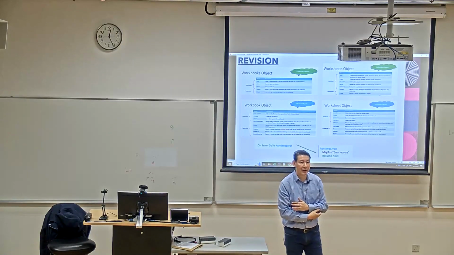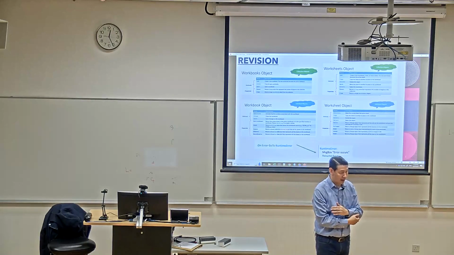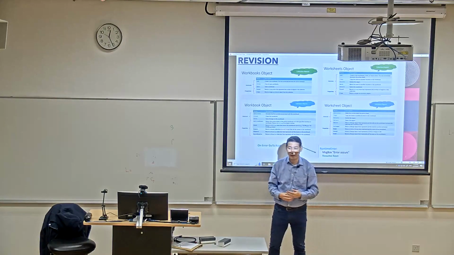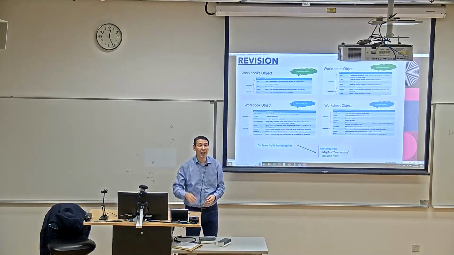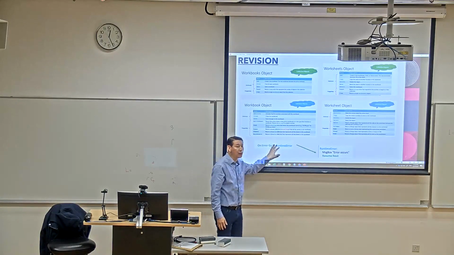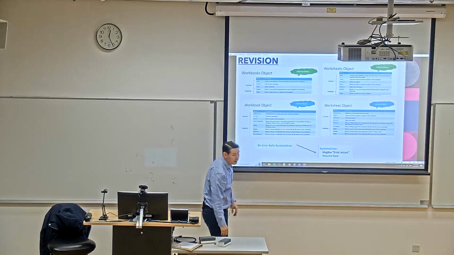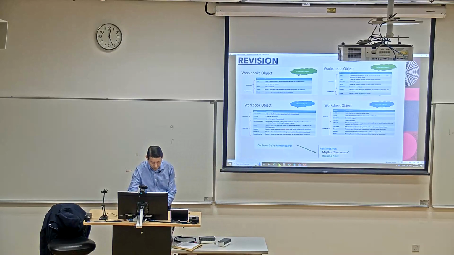Even Microsoft always has this kind of runtime error with their applications and so on. But anyway, how to handle runtime error? This is the way. I think using On Error GoTo.